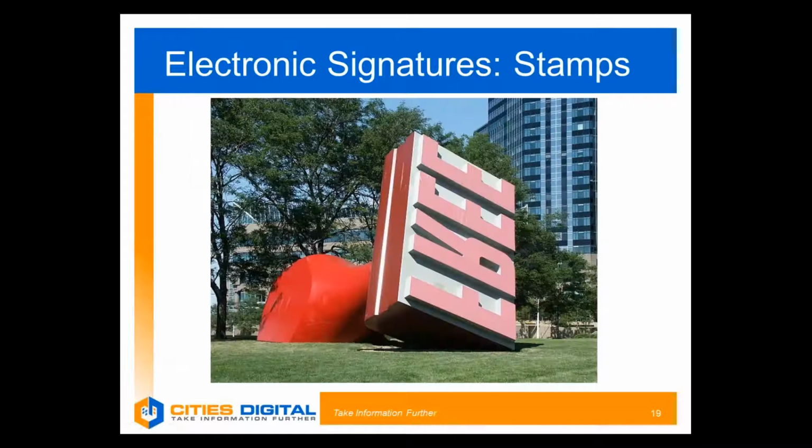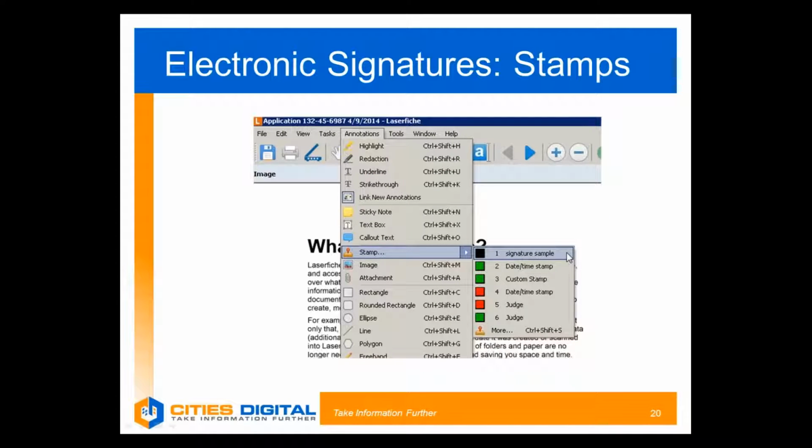You can scan those in and save them as signature stamps. And the great thing about this is it's very easy to use. You can actually use it with workflow. It is something that you can tell workflow, place this stamp here on this particular location on a document, and it will go ahead and do that.